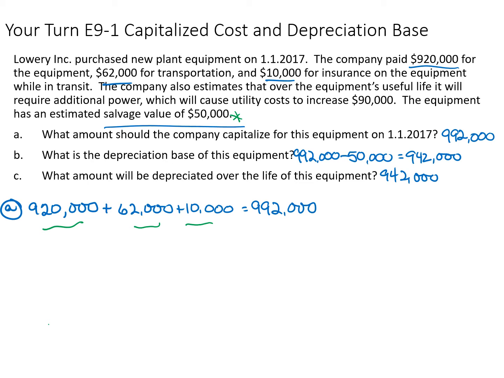Well, we don't depreciate the salvage value, so we are only going to depreciate $942,000, but not the salvage. Part C, what amount will be depreciated over the life of the equipment? The depreciable base, or the cost minus the salvage value, which again is $942,000.